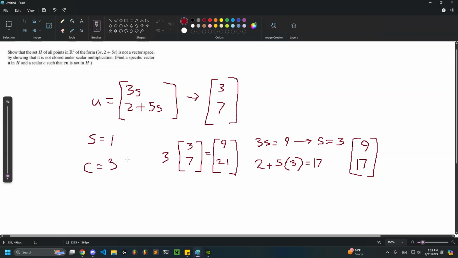We see that 9, 17 is not equivalent to 9, 21, which means this set is not closed under scalar multiplication. Therefore, it is not a vector space.